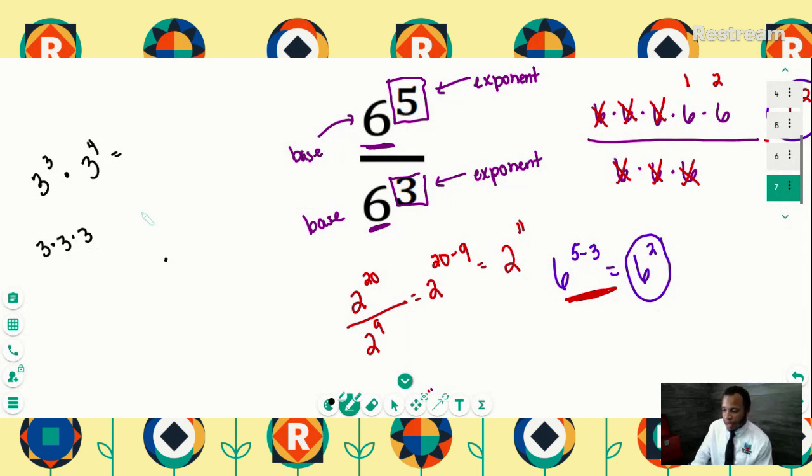From here, we're multiplying, that's this first one. Now for the second one, we have 3 to the 4th power, which means we're multiplying 3 times 3 times 3 times 3. And also multiplying these all together. Now, if we type this in the calculator, that's first 3 to the 3rd power, and next we have 4 more 3s.